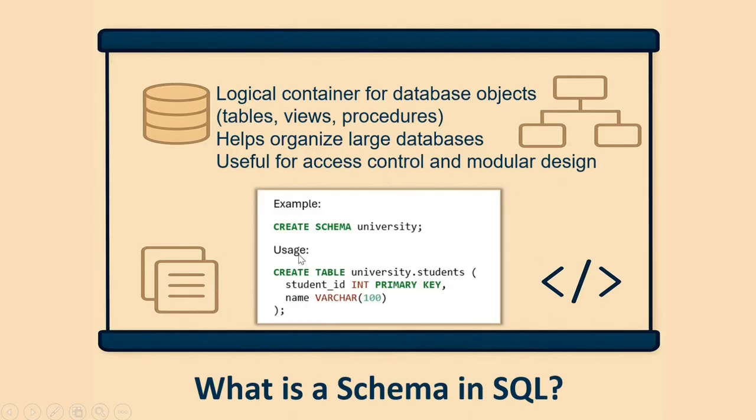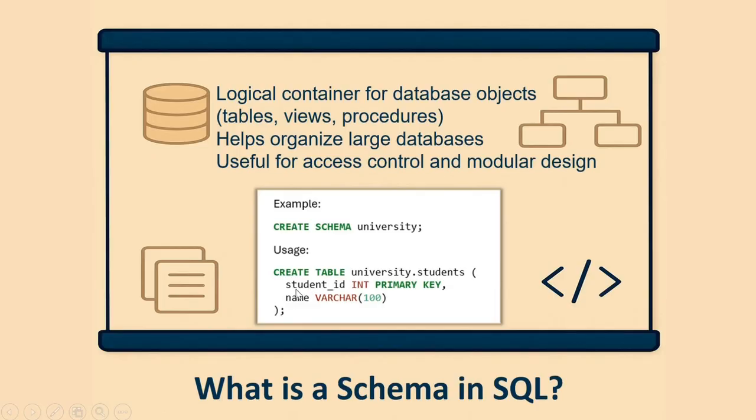And then the usage of this schema is like this: create table university.students. So it's like we are putting this table, which is students, inside this schema, which is university. So this is like furniture, and university is the room.